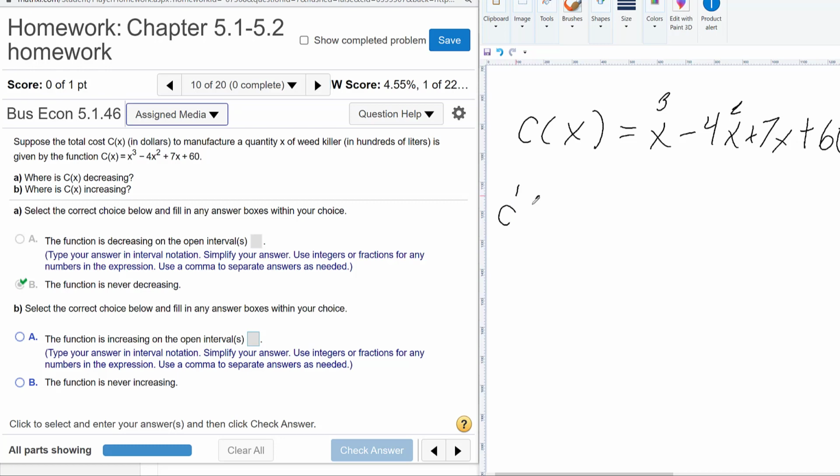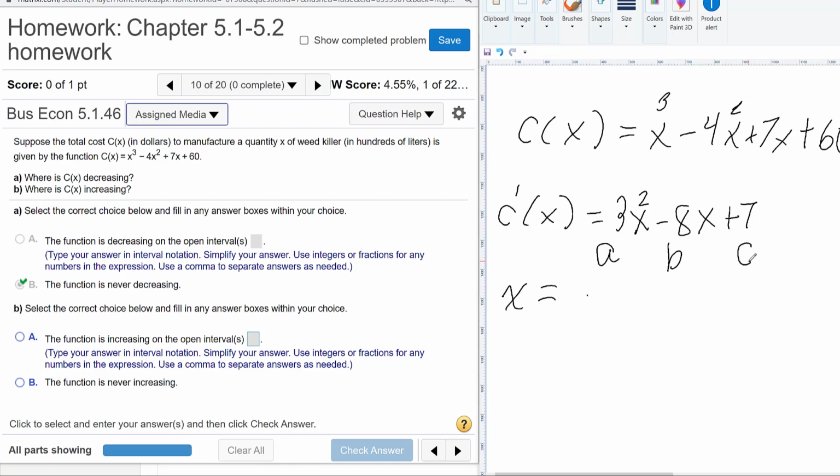Well, to determine that, we take the derivative. C prime of x is 3x squared minus 8x plus 7. Now, if you try to factor this, you're going to find out that it won't factor. So our only alternative is to go to the quadratic formula, where a is the coefficient of x squared, b is the coefficient of x, and c is the constant.